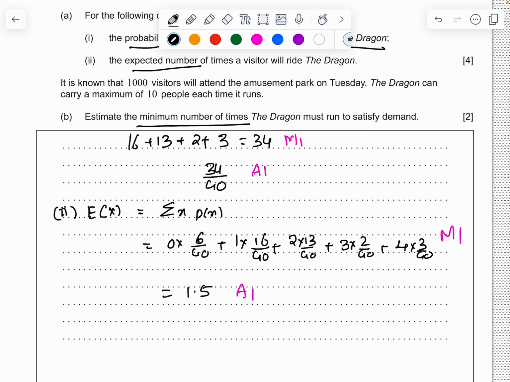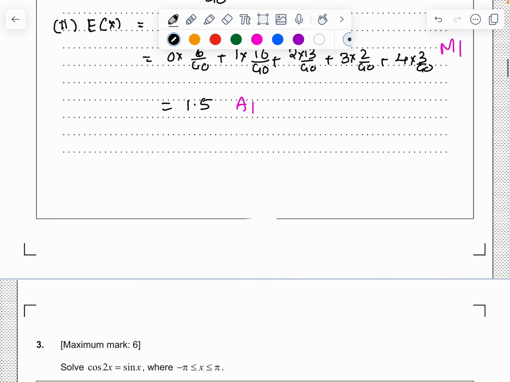Estimate the minimum number of times the dragon must be run to satisfy the demand. 1,000 visitors will be attending on Tuesday, and a maximum is 10 people only. So on a ride, it can take 10 people only. So rides per visitor times 1,000. Rides per visitor is going to be nothing but 1.5.